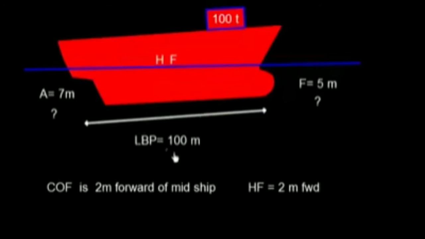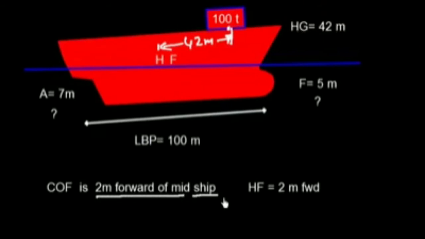Well, this 100 ton weight is loaded somewhere here, where the distance from midship is 42 meter, or simply we can say the HG is 42 meter. So we know the center of flotation is given, which is 2 meter forward of midship.